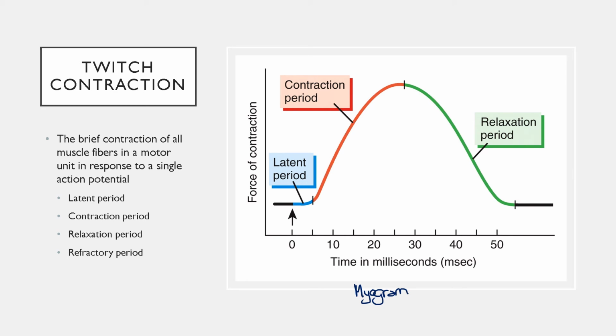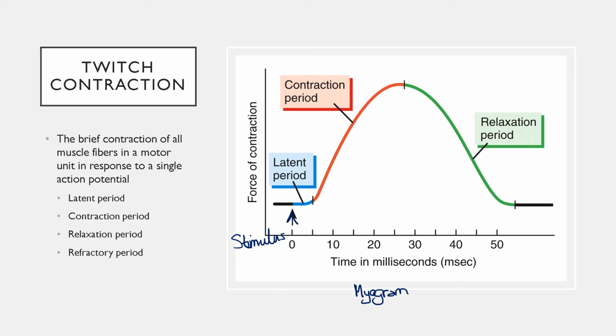Twitches from skeletal muscles can last anywhere from 20 milliseconds even up to 200 milliseconds. This little arrow here is indicative of the application of stimulus.